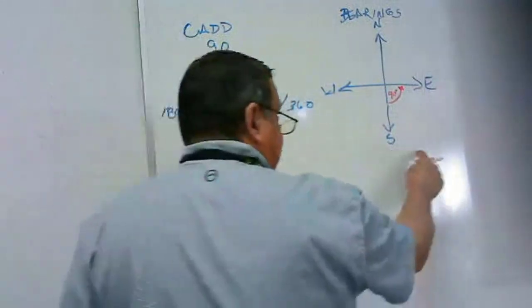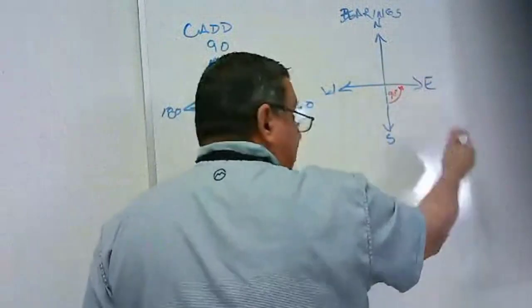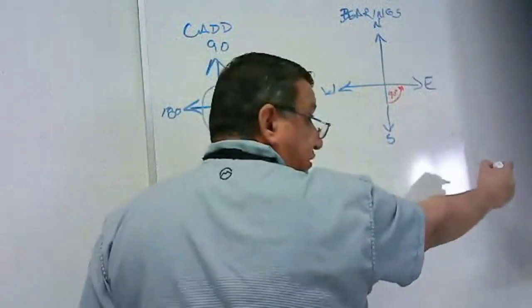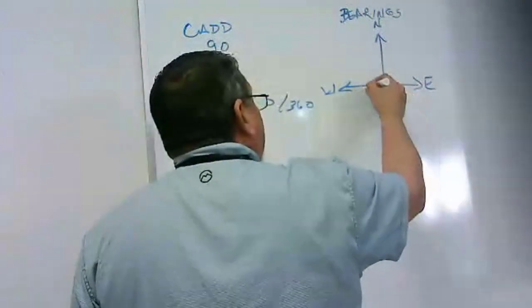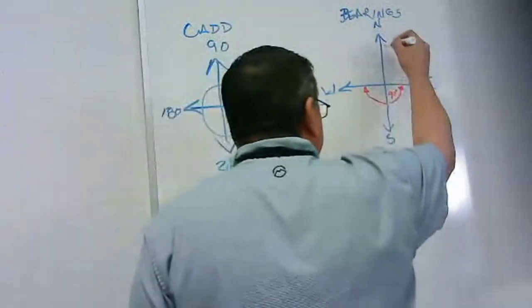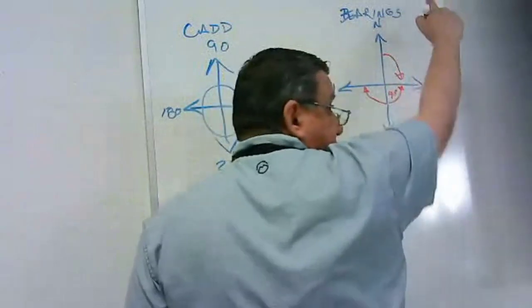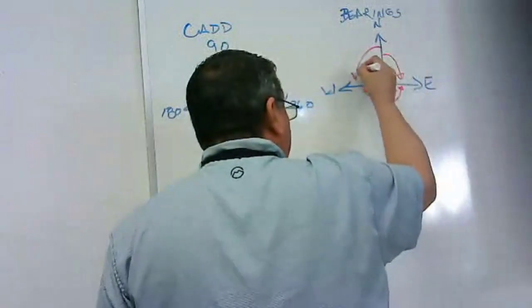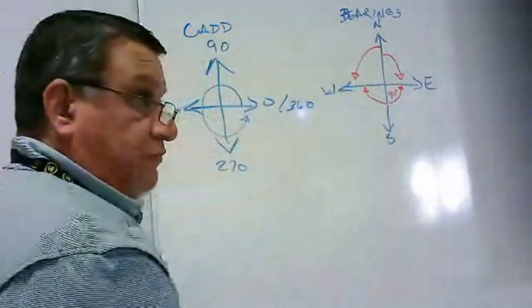So I can have a southeast angle going in the southeast direction. I'm standing here, I'm going to walk in this direction to the south and east. I can do southwest, and I'm walking this way, or northeast, going that way, or northwest, going that way. Okay?